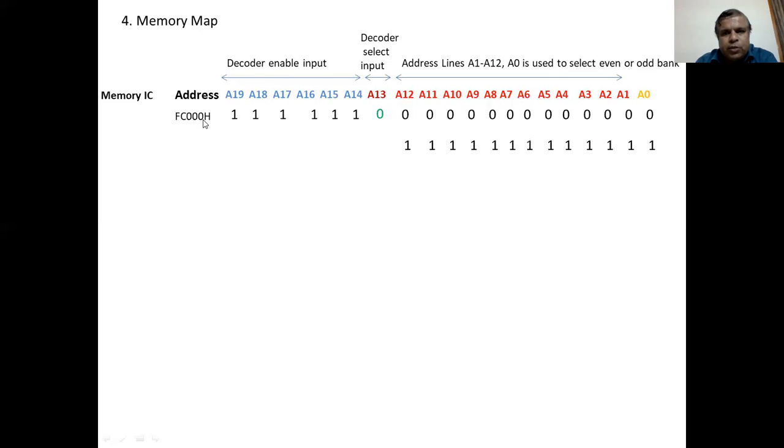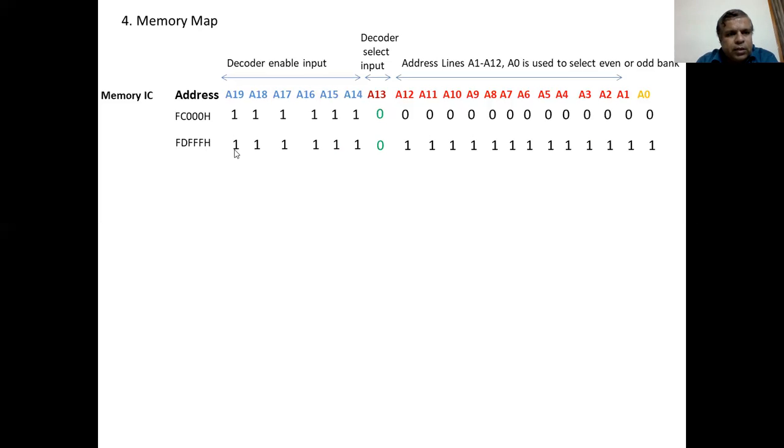Then what is the ending address? In the ending address you fill all ones for these pins. So A0 to A12 are 1111, and A13 is again 0 because it is RAM memory. Then all remaining address lines are 1 because they are constant.